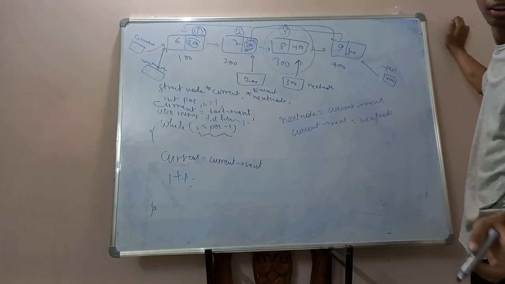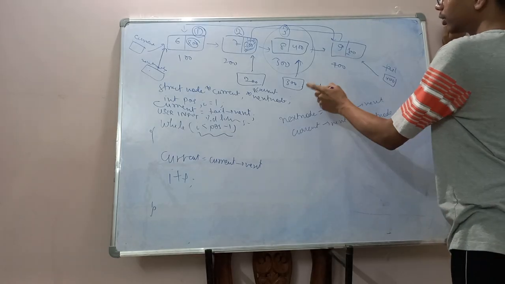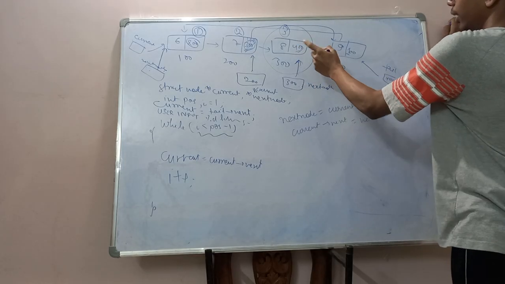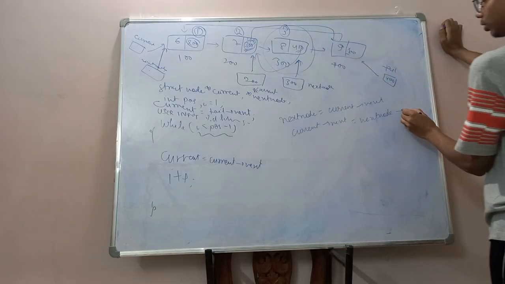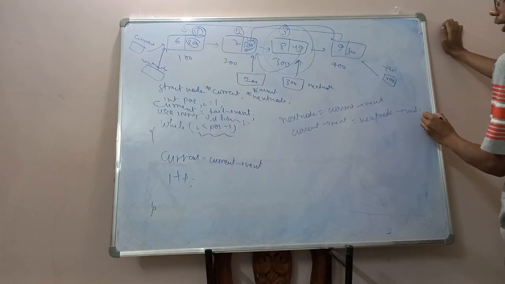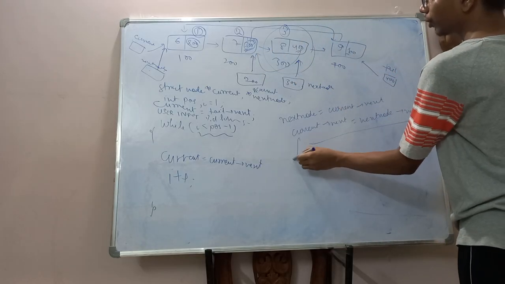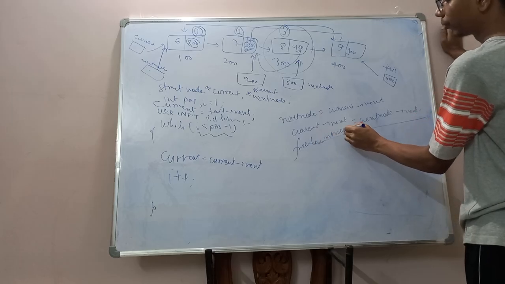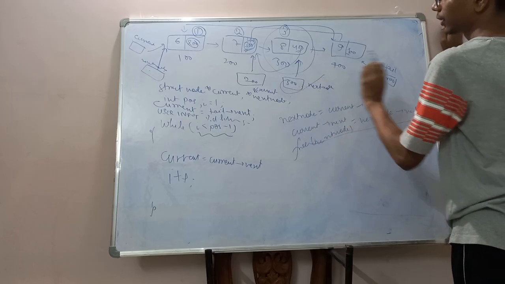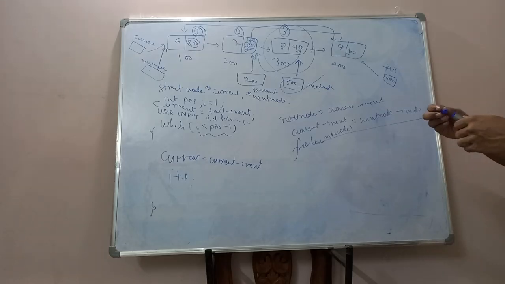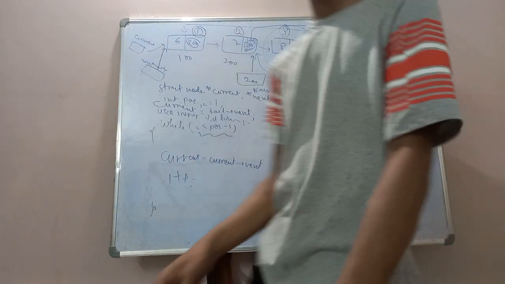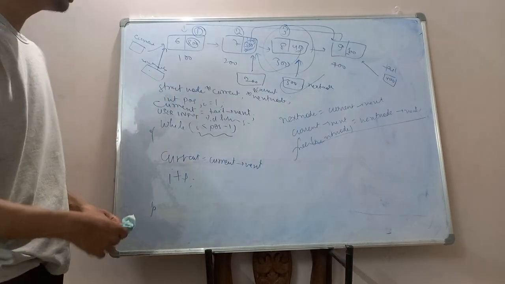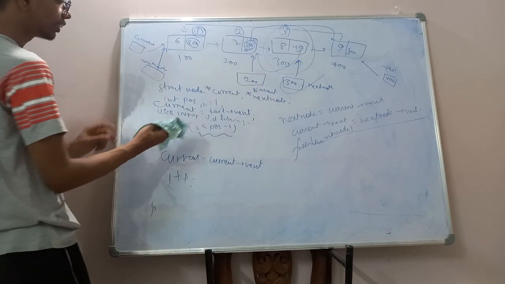I will get 400 from next node next, right? And then I will free next node, right? So I free this. This is how I will delete a node from a circular linked list, right?